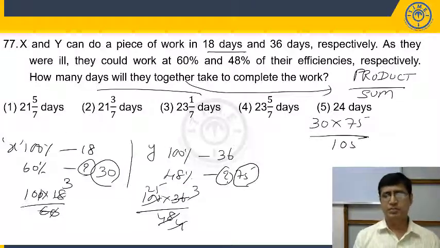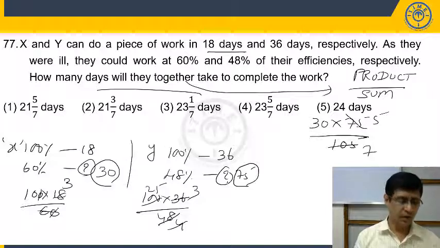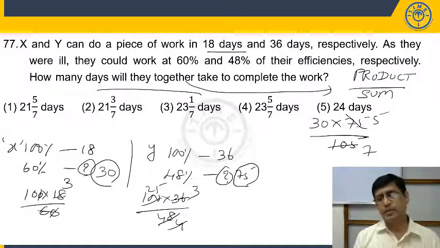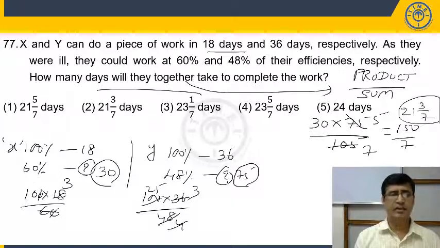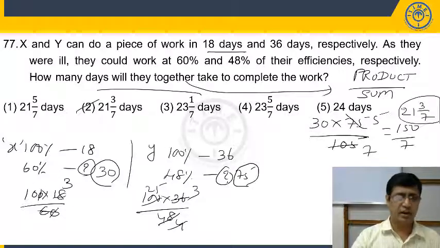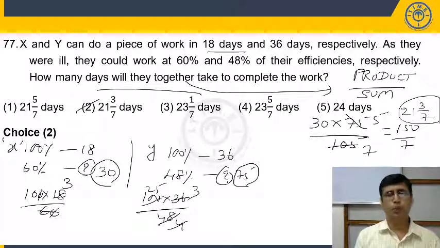On solving this, 15 it was 5 times. 15, how many times? 7 times. So what is the result? 150 by 7. So 7 2 times and 1 time and left with 3. So 21 and 3 by 7 days, right choice, option 2.